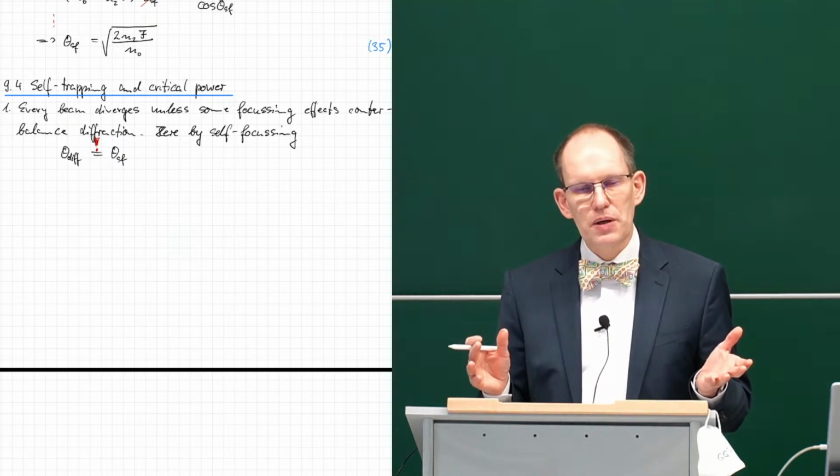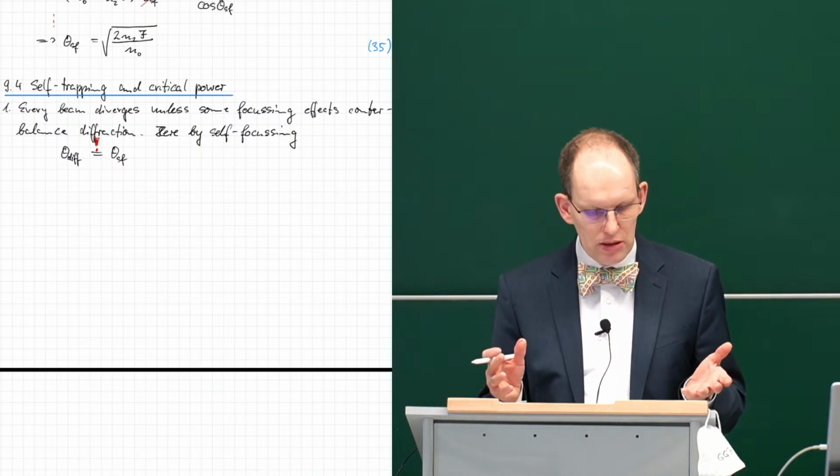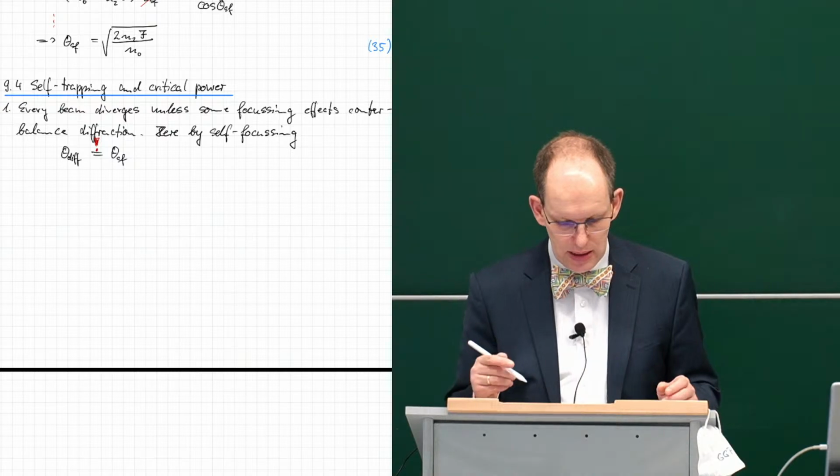So we need an expression for diffraction, and what we assume is just the formula that you would have for a beam with a circular cross-section.